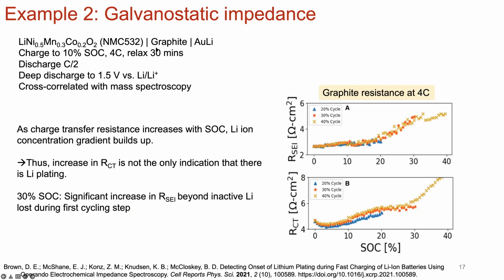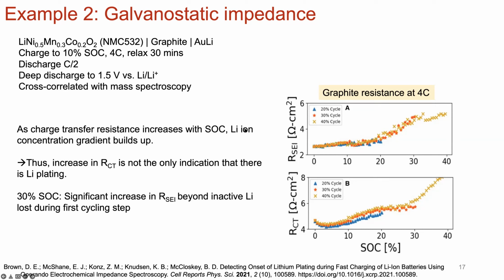Here you see a full cell, NMC 532 for the cathode, graphite for the anode, and then a reference of aluminum lithium electrode at 4C. And what's really interesting is that after 20% SOC, the resistance of the SEI really increases here.